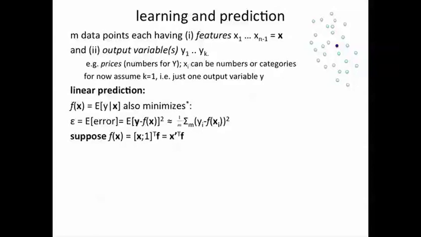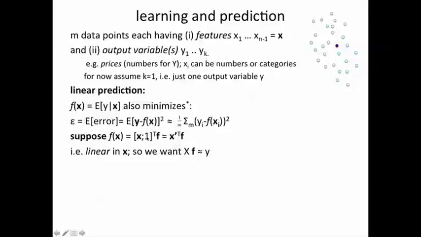Let's see what that looks like if we have a particular form of f. We're dealing with linear predictions, so in some sense we're saying that f is not just any function, but a particular type of function, which is a linear function. So what f looks like is x times some set of weights. If you look at this as a row vector, then x consists of all the elements of that row vector.